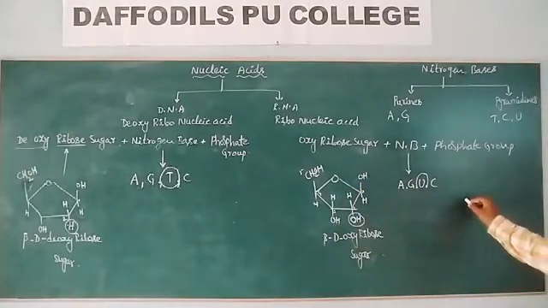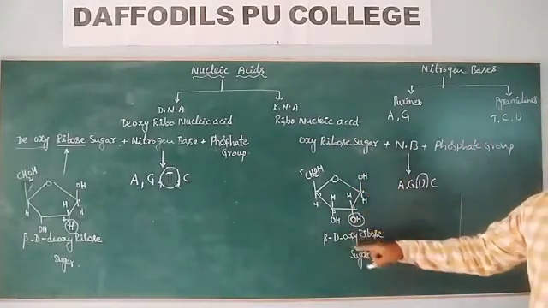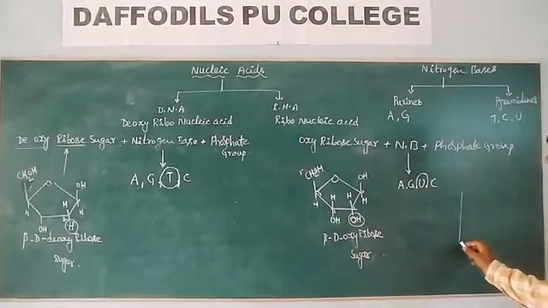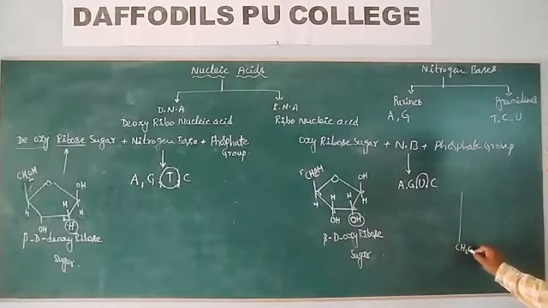So in Fischer projection, if you want to draw the projection of this ribose sugar, it appears like this: CH2OH.